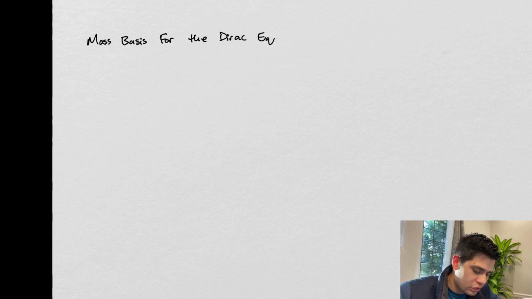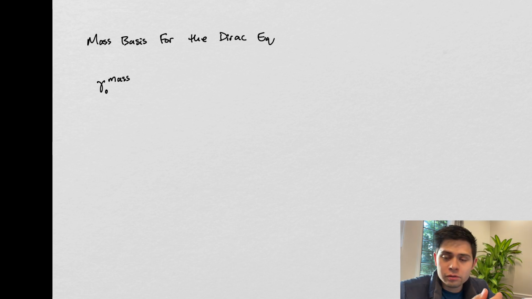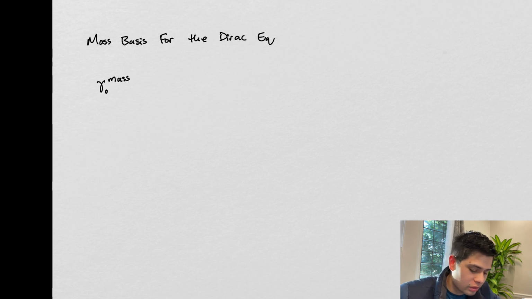And so the mass basis for the Dirac equation is really just, if we have our gamma matrices in this form, or we have our gamma matrices, we can convert them into a mass gamma matrix where we have n like this, right?